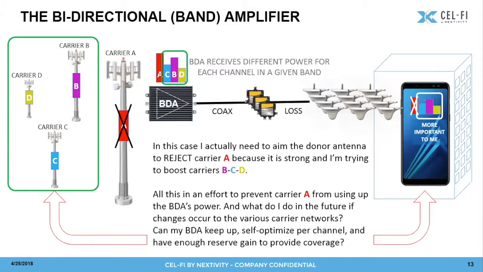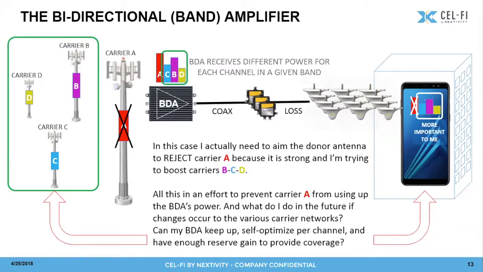Well, unfortunately, with the bidirectional amplifier, it is a problem, and about the best you can do is to try to aim your donor antenna appropriately. Imagine you're on top of that building and carrier A is coming in very, very strong, which means it's getting into the building fine. Maybe their tower is right next door or very, very close, and it's really swamping you with energy, and the other operator cell towers are much, much further away.